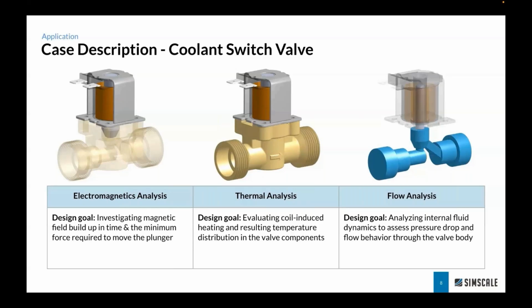And finally, once the valve is switching, the coolant must flow through the body with minimal pressure loss, because high pressure drops would force the pump to work harder, and that reduces EV efficiency and its range. And we'll explore multiple flow rate scenarios, and we'll be checking pressure drop performance to identify any design bottlenecks early so the valve can support optimal thermal system efficiency.